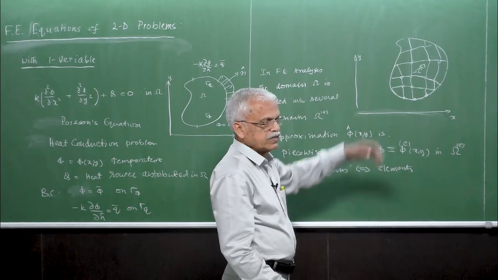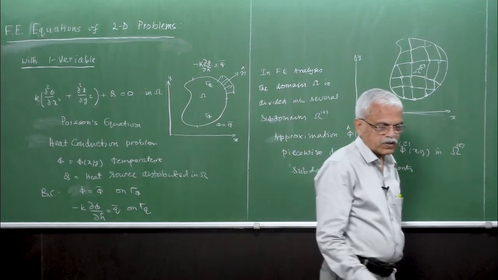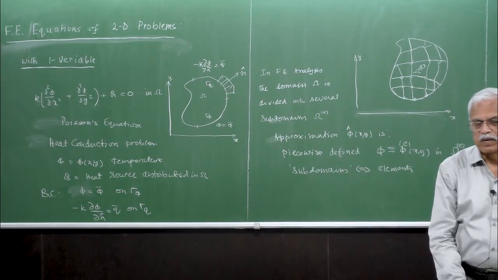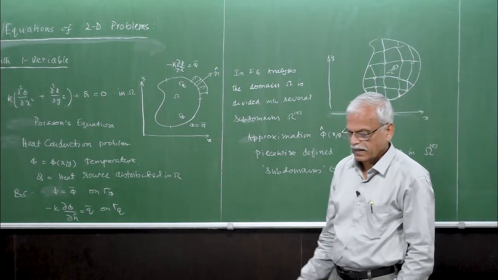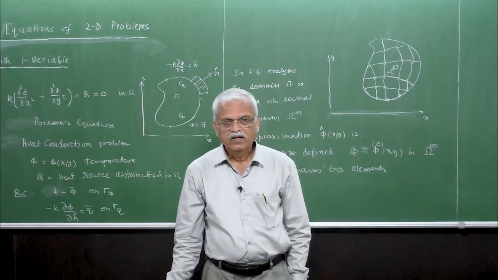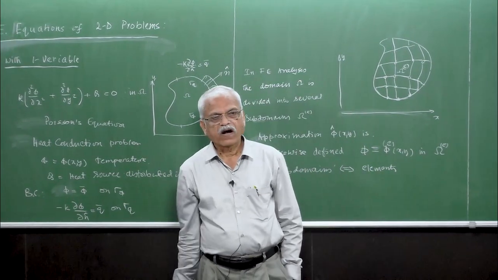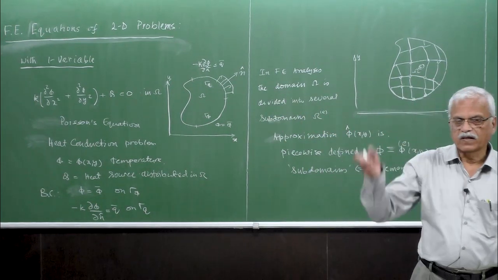So these elements are very crucial to us, and they may range from the simplest shape, the triangle, all the way to rectangular or quadrilateral elements, or even curved elements with several nodes.